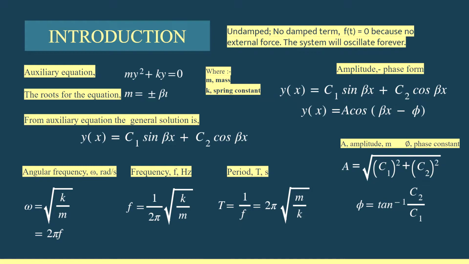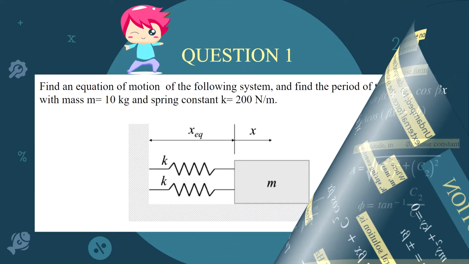The last one is period, which is the reciprocal of the frequency. We can also use 2 pi over square root of k over m, and the unit is seconds. Next, we will move to another slide to show how to solve problems of undamped free vibrations.